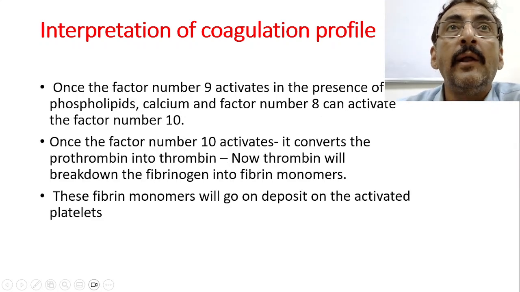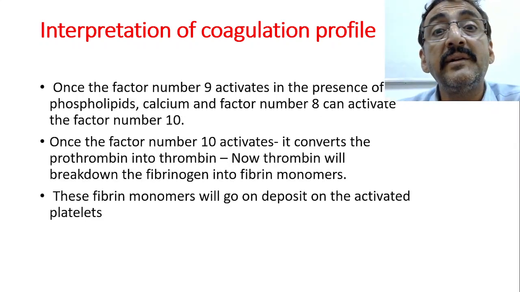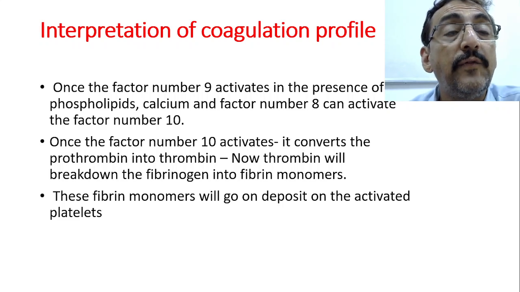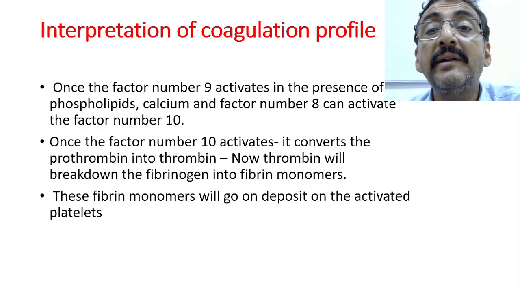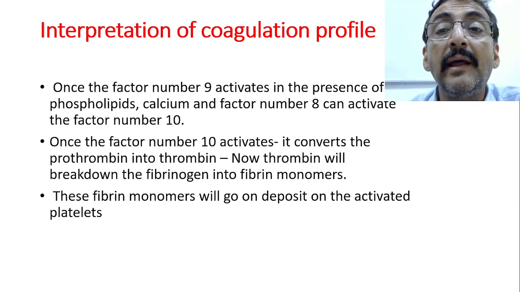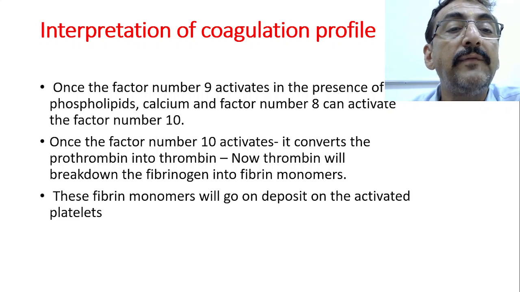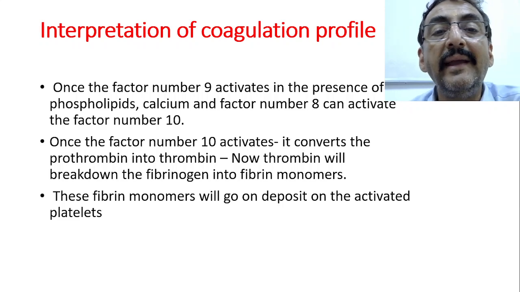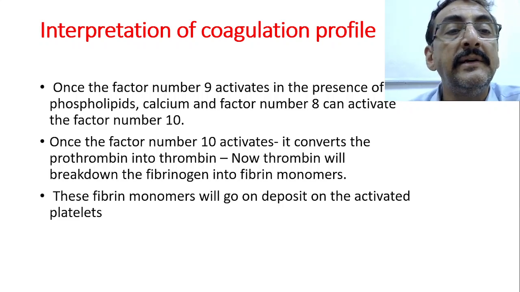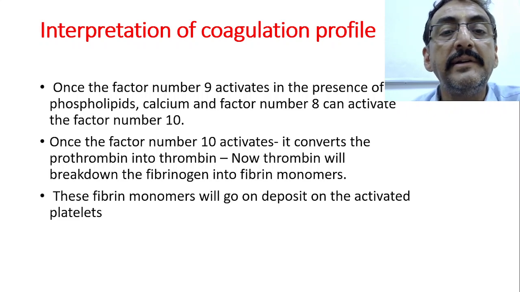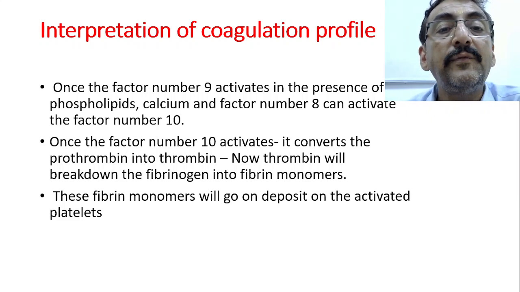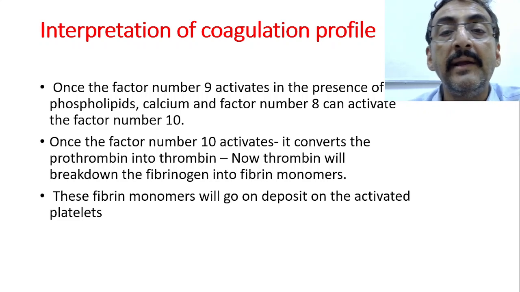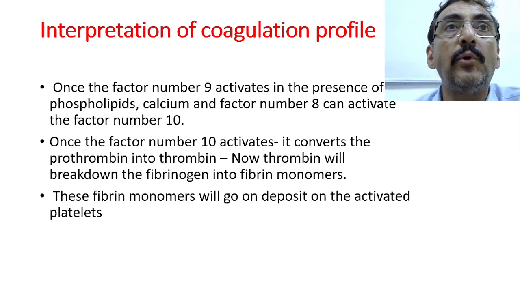Now, to continue, once factor number 9 is activated, in the presence of phospholipids and calcium, factor number 8 gets activated. Factor number 8 can activate factor number 10. It started from 12, 11, then comes 9. Now factor number 8 is activated, and then it activates factor number 10. Once factor number 10 is activated, it converts prothrombin into thrombin.